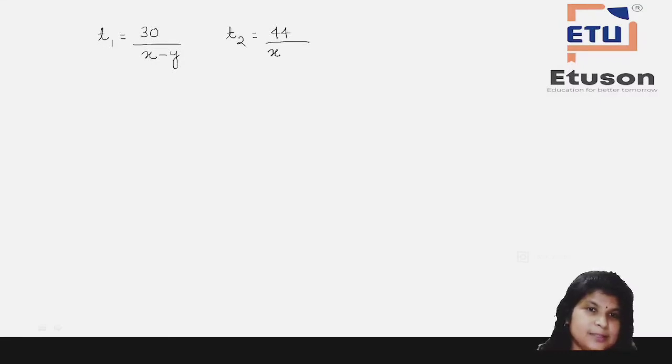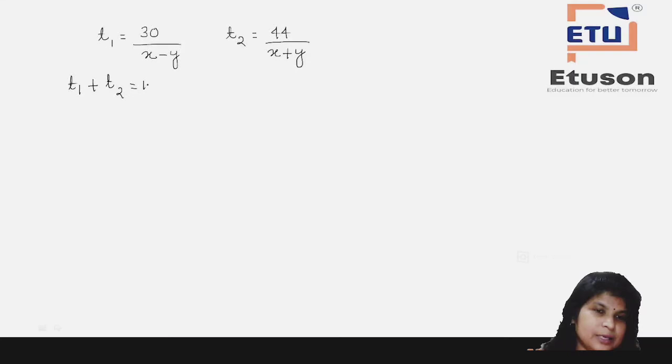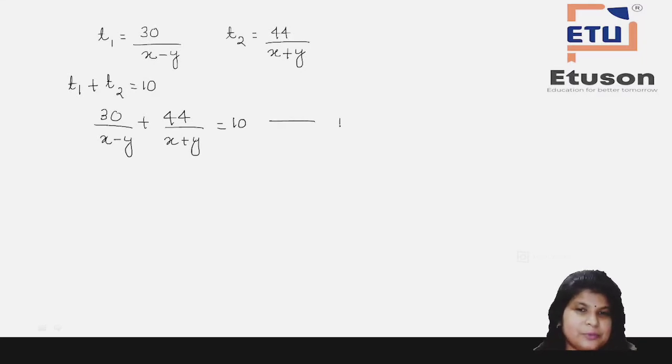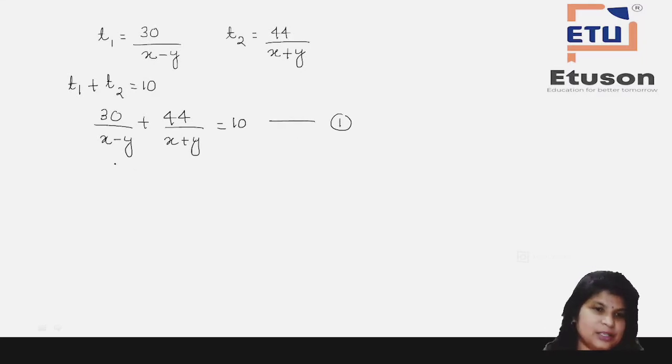And what is the resultant speed in the downstream? It is x plus y. Now according to the question, T1 plus T2 is equal to 10. So can I write 30 divided by x minus y plus 44 divided by x plus y is equal to 10. Correct. So this will be your first equation.